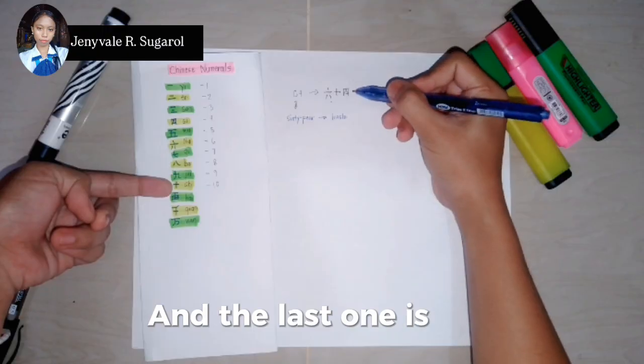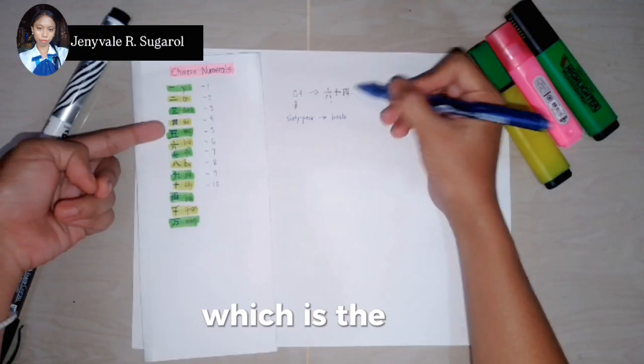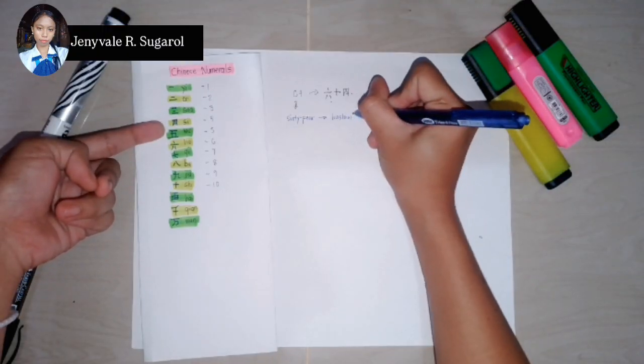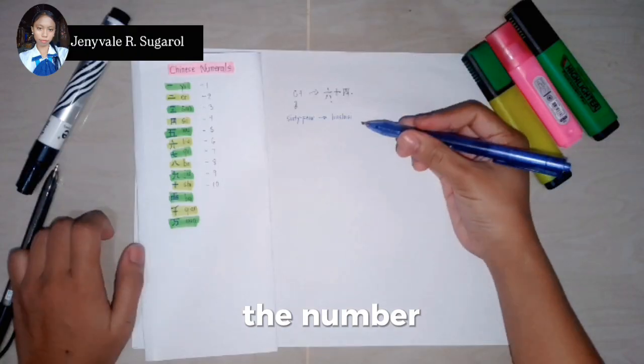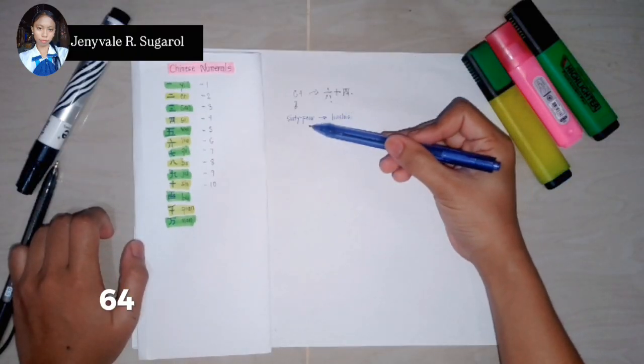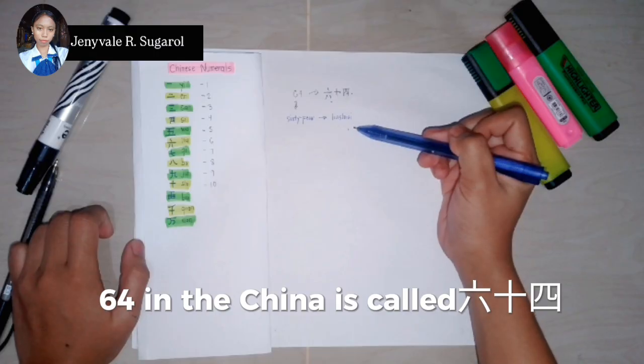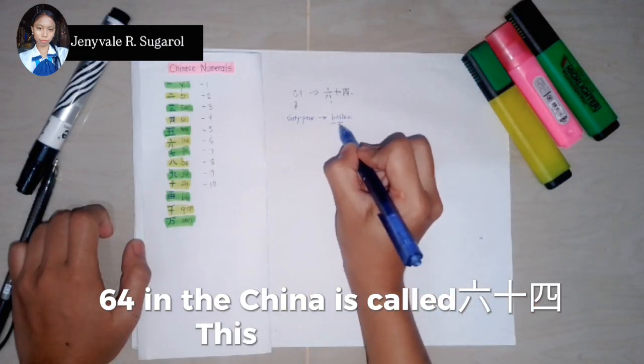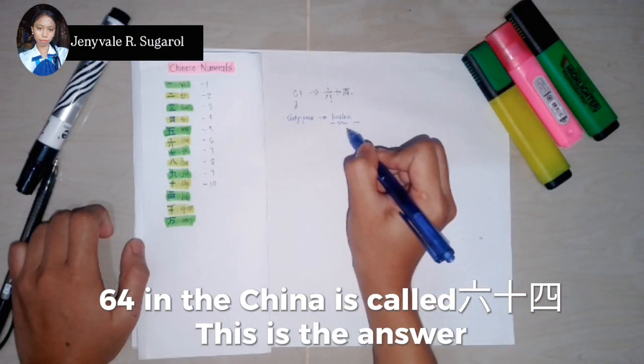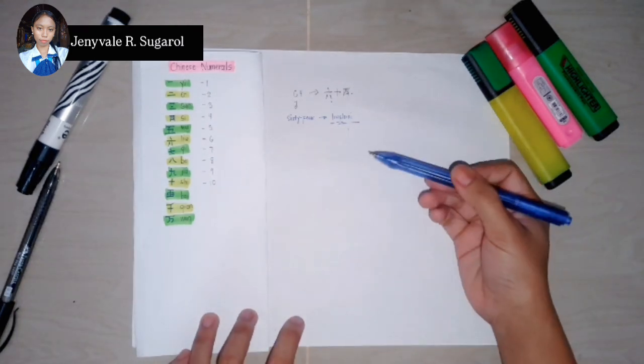And the last one is the 4, which is the Si. So the number 64 in China is called Liu Shi Si. This is the answer. Did you get it right?